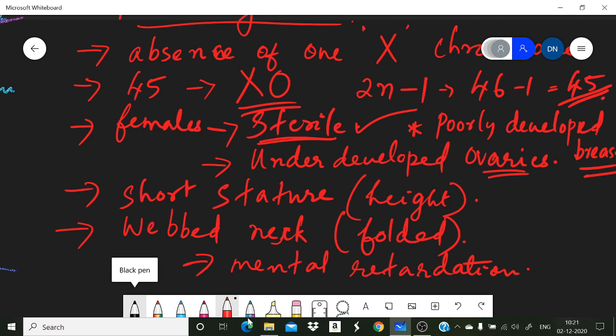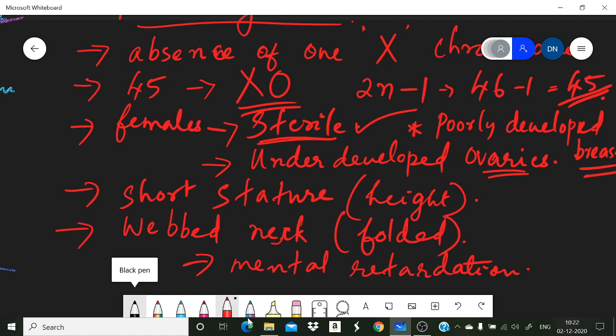The second is sex chromosomal disorders, under which we discussed two disorders: Klinefelter syndrome and Turner syndrome. In Klinefelter syndrome there is an additional X chromosome, so the individuals may be males but they have feminine features.